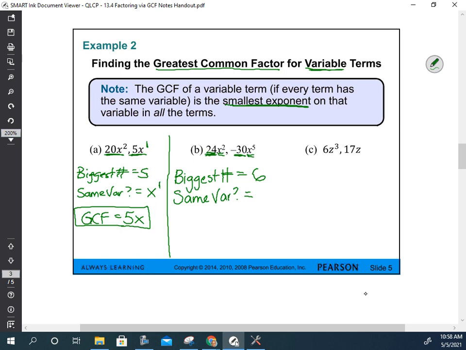So if it has the same variable, take out the variable and take out the smallest exponent. You have a 2 and you have a 5. So the smaller number is 2. And your greatest common factor is 6x squared. Any questions for B?